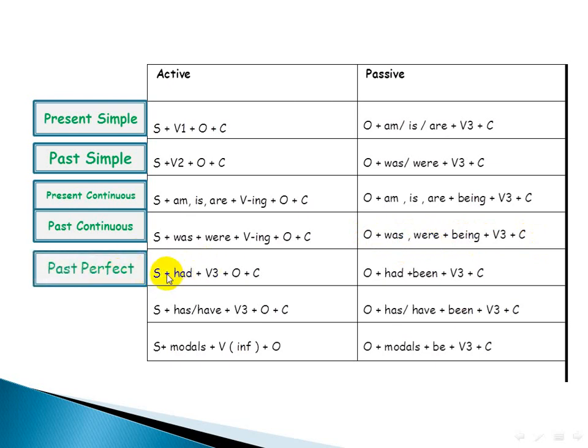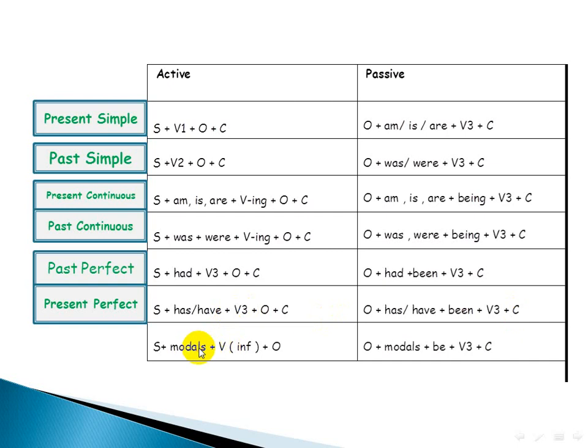Now we have past perfect: subject, had, verb 3, object, complement. Start with the object, had been plus verb 3 plus complement. Number 4, present perfect: subject, has, have, verb 3, object, complement. Start with the object, then has or have, depending on the object, if it is singular or plural, then been, verb 3, complement.